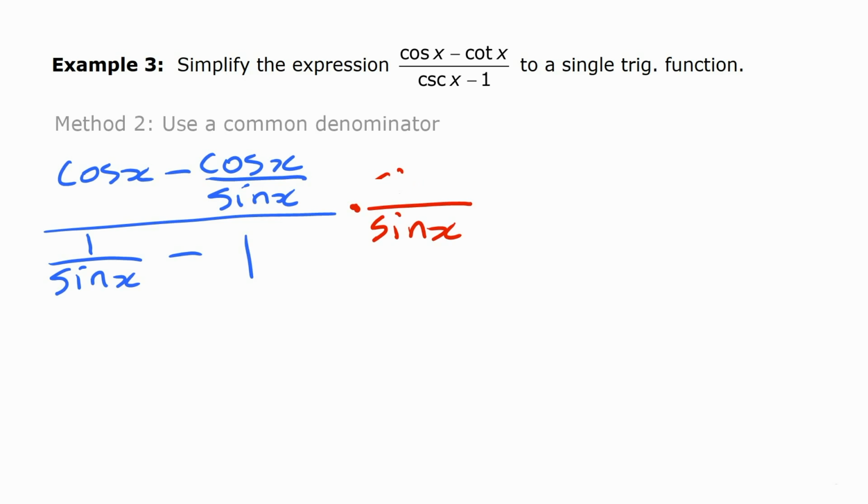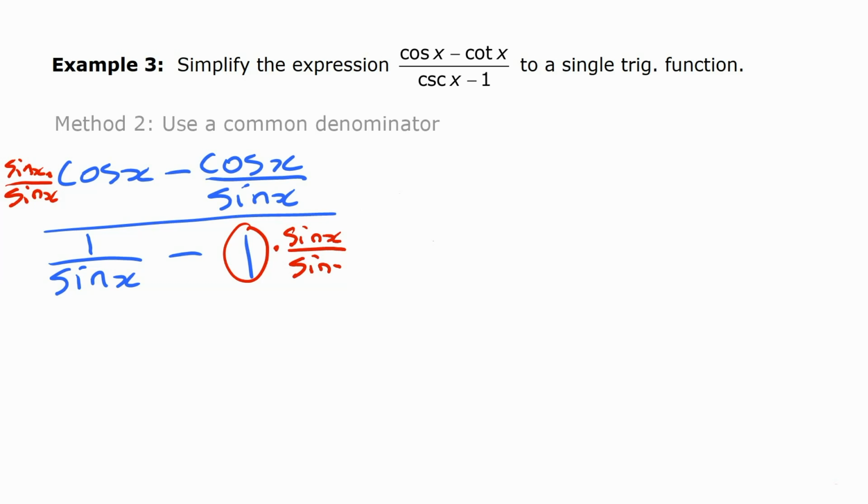But instead of multiplying by this sine x over sine x, what we're going to do is make a common denominator there. So since we see that this cos x over sine x has sine in the denominator, we need to make this something that has sine x in the denominator. So we're going to need to multiply this by sine x over sine x, just this one. And the same with this one here, we're going to have to multiply it by sine x over sine x.